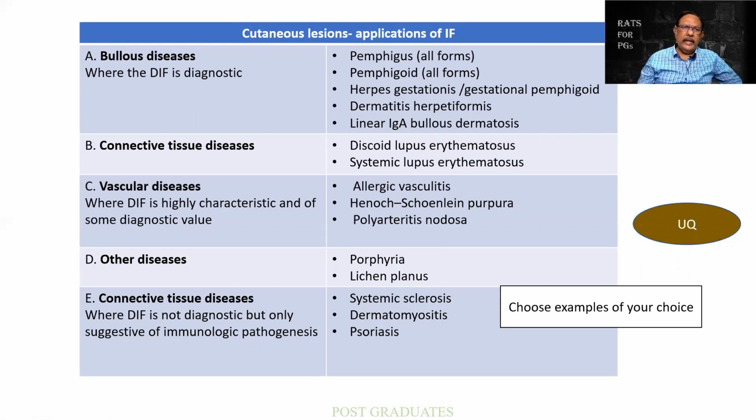So an entire tag is given and you people will have to divide this. There can be bullous, connective tissue, vascular, other, and connective tissue again. So I would like you people to kindly memorize it.